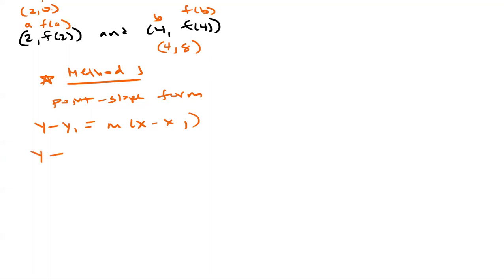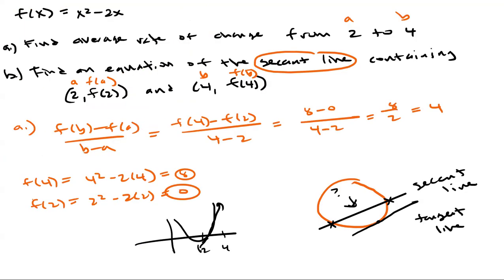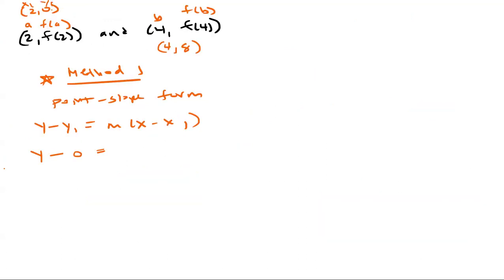So I have y minus y1. So this is x1, y1. My y1 is 0. And then we have m. So let's go back here. m was 4, that was our slope. So this becomes 4 times x minus x1.